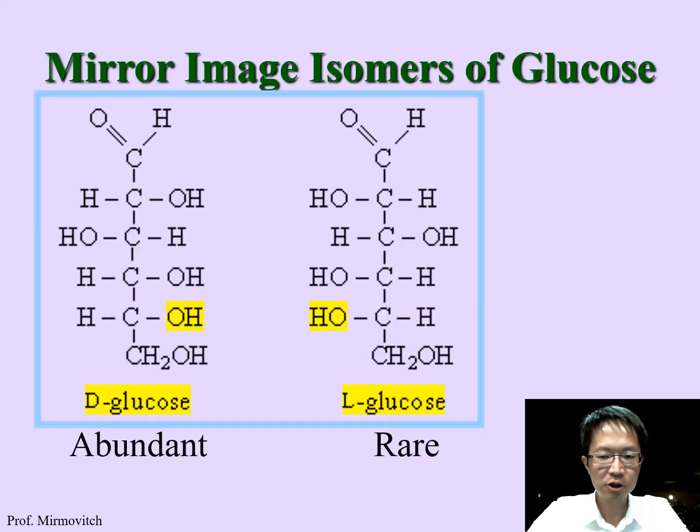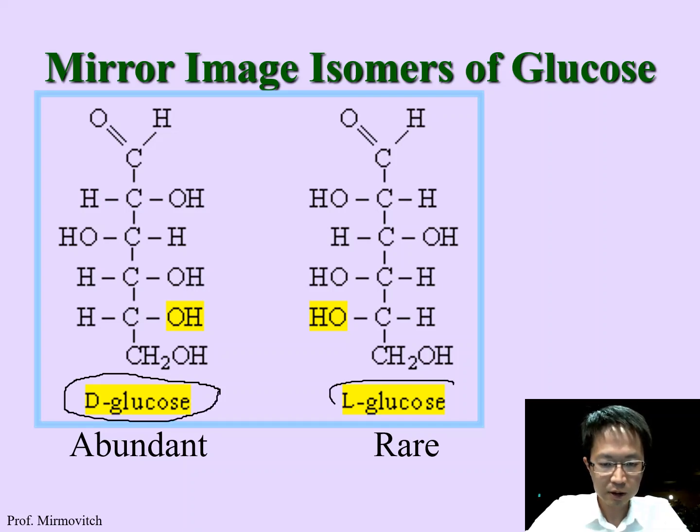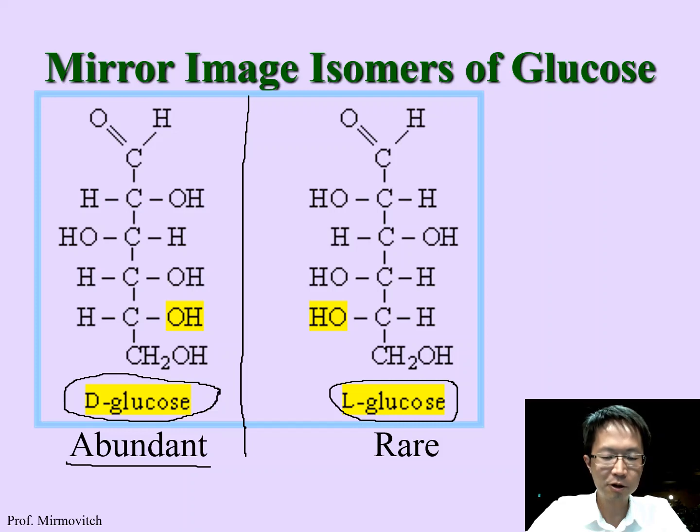Mirror image isomer of glucose: I told you that there is D glucose and L glucose. This is the mirror image, and D glucose is the naturally occurring one. That's why we have a lot more D glucose in our body.